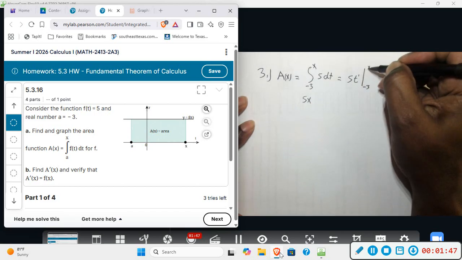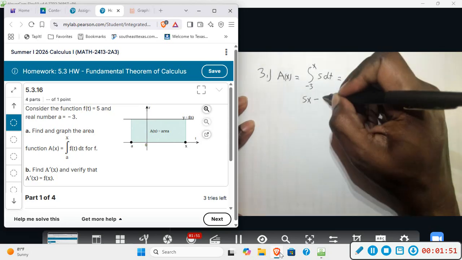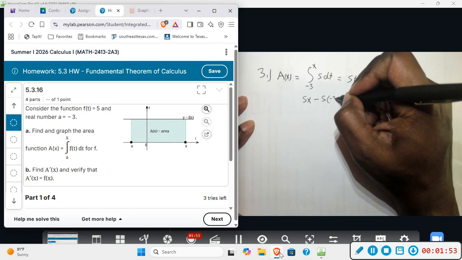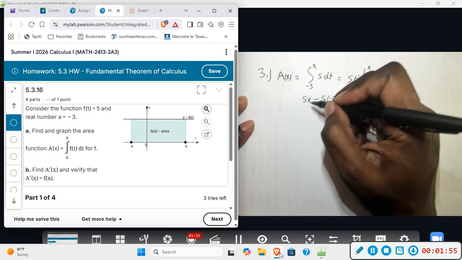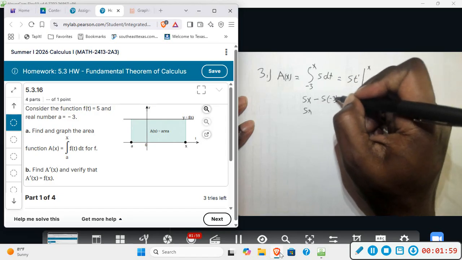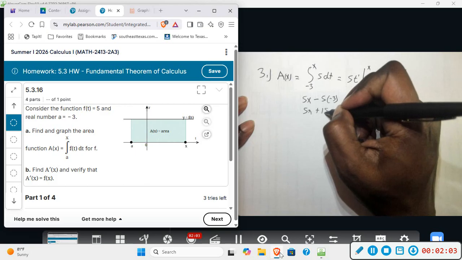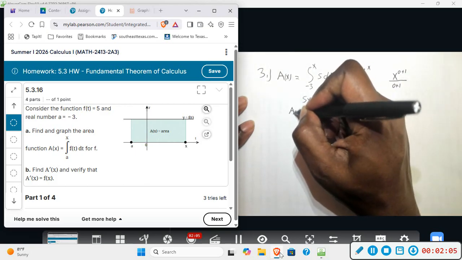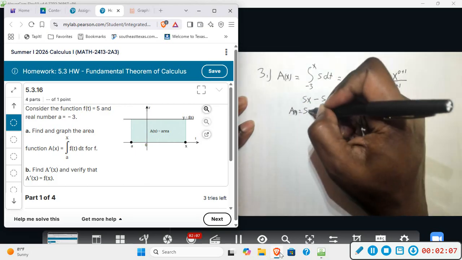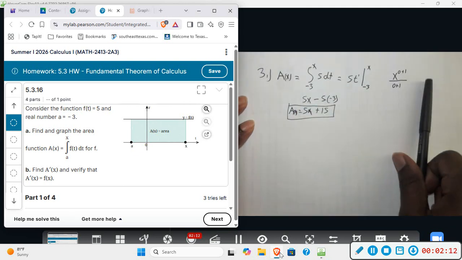So we'll get a 5x minus, and then you plug in the -3, so it'll be 5 times -3. And so we get 5x, -15, minus a negative becomes +15. So our area function is equal to 5x plus 15.